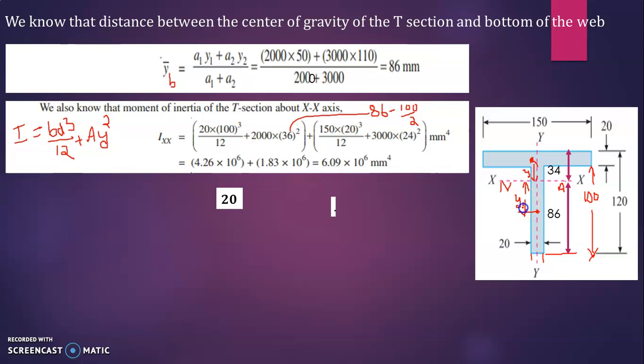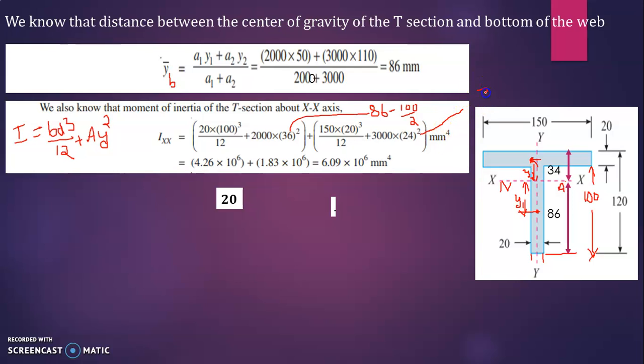This is for section 1 and this is for section 2. What is this distance here? See, total this is 34, right? You want the distance from here to here. So this is the center of gravity, which lies at a distance of 10 mm. So 34 minus 10, that is equal to 24. How do you get this?